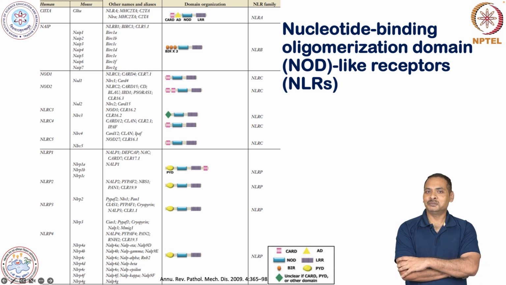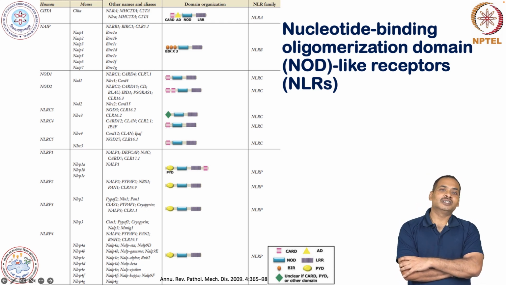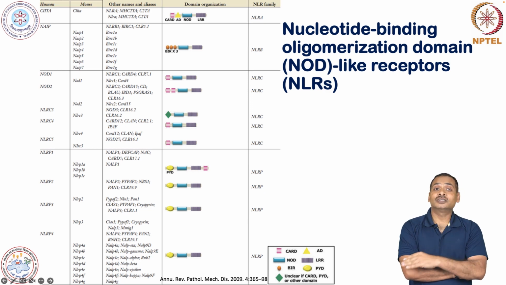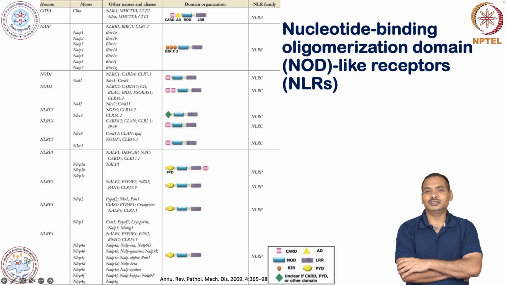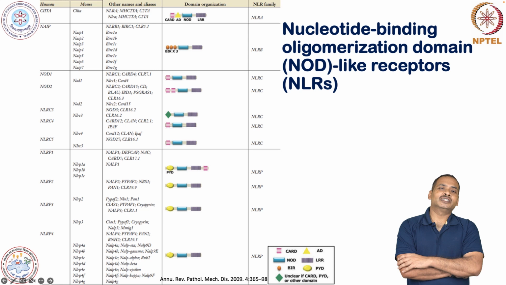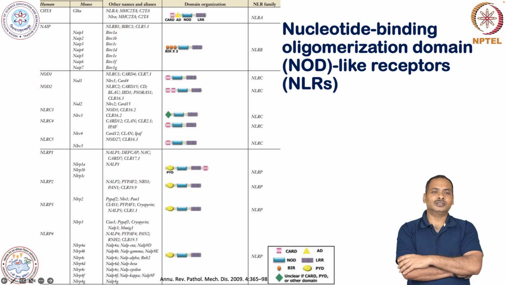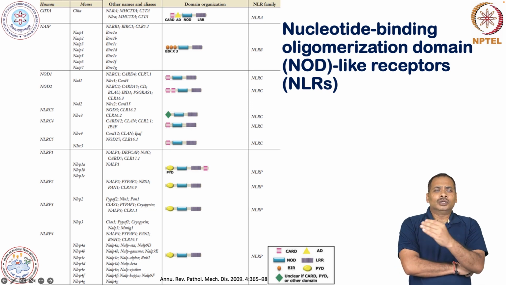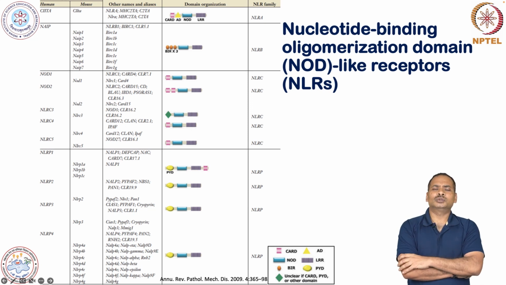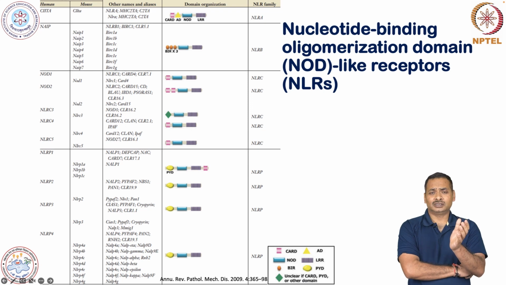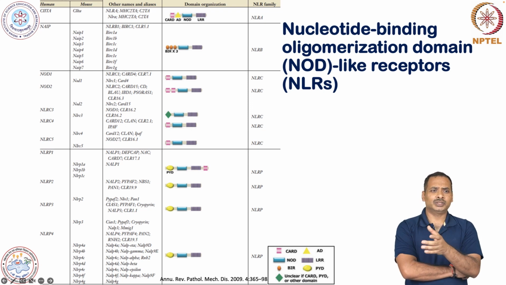You probably remember leucine rich repeat is also present in toll-like receptors, and over there it is present in the ectodomain, which plays an important role in sensing various PAMPs. So this is the class 2 transactivator protein.